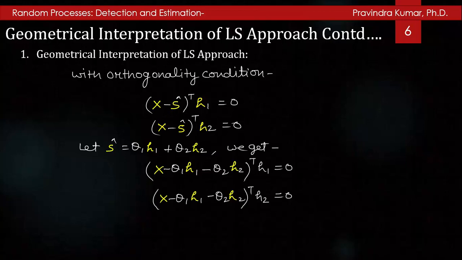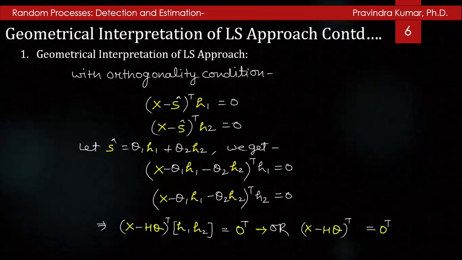Let s cap = θ1 h1 + θ2 h2, then we will get (x − θ1 h1 − θ2 h2)^T h1 = 0 and (x − θ1 h1 − θ2 h2)^T h2 = 0. On combining these two equations in matrix form, we will have (x − Hθ)^T [h1 h2] = 0^T, or you can say (x − Hθ)^T H = 0^T.